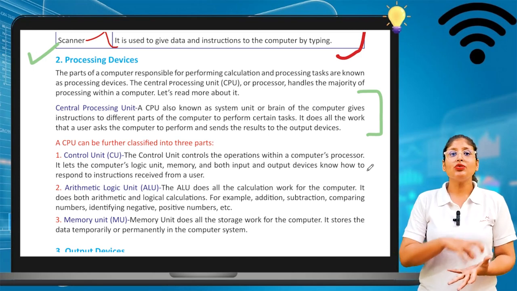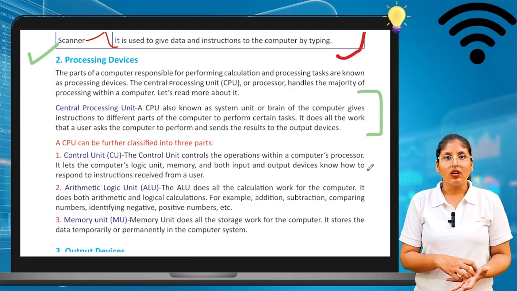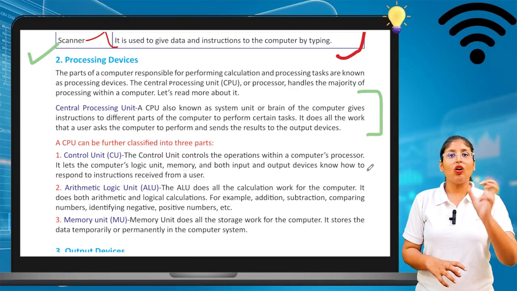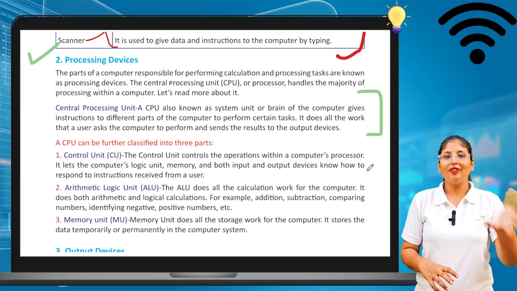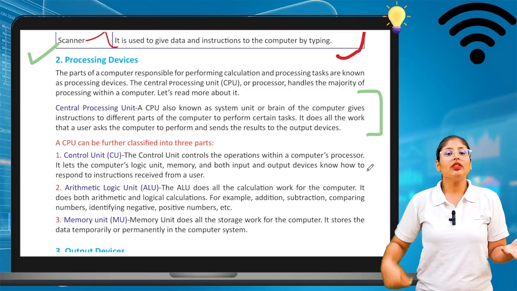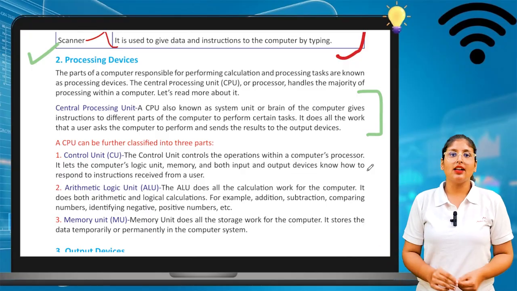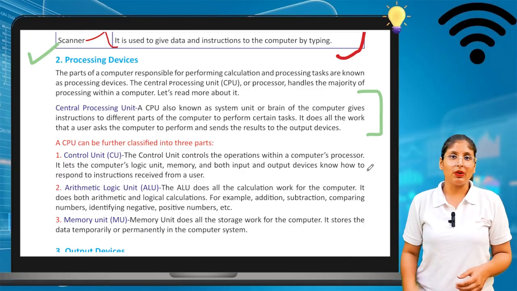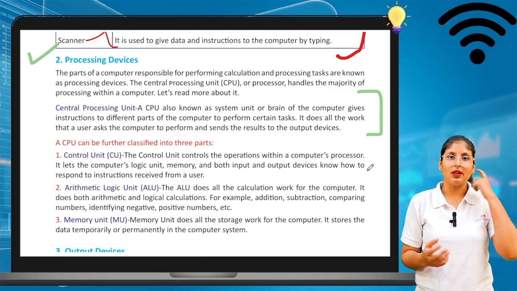We don't use he or she because the CPU is non-living. So it does all the tasks that are very important for the computer. Managing the computer is done by the CPU.